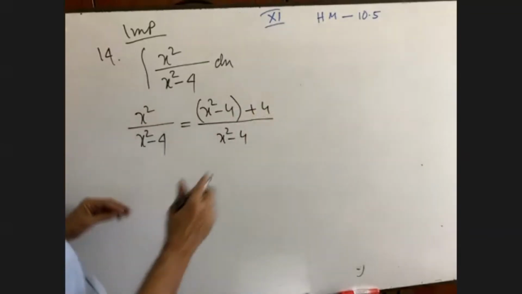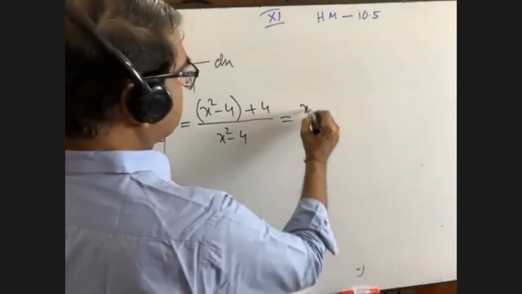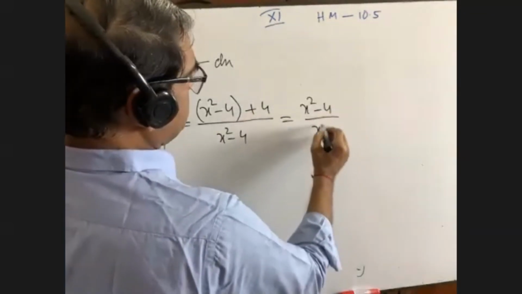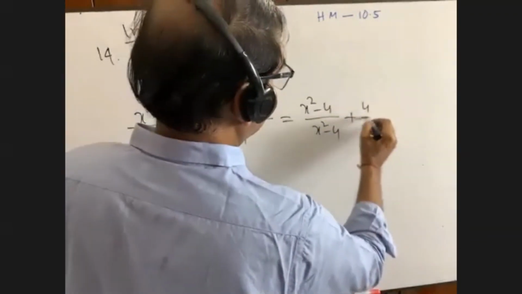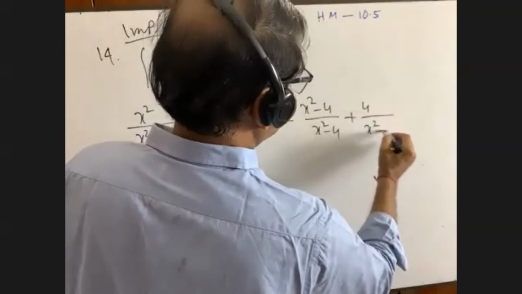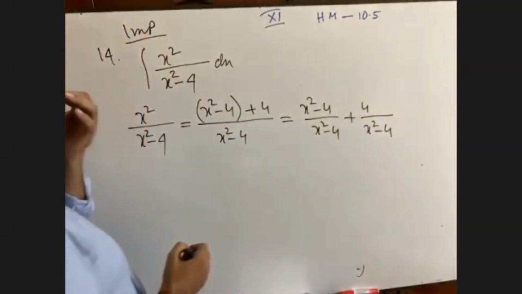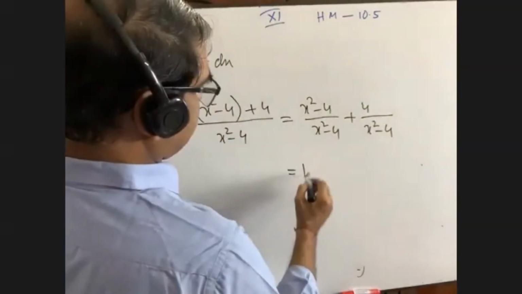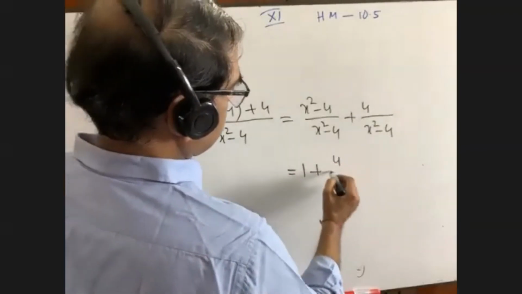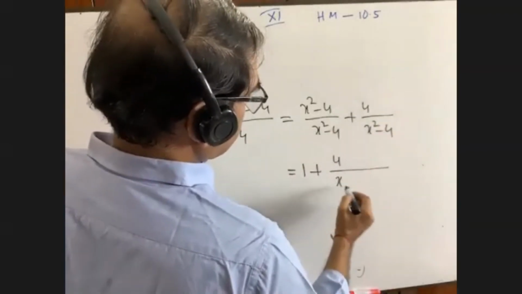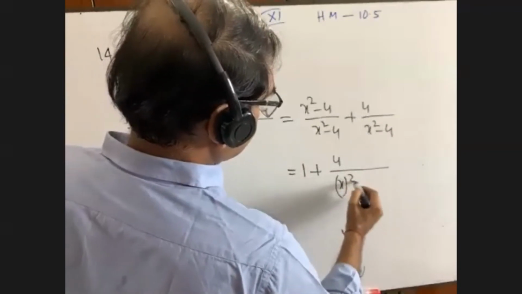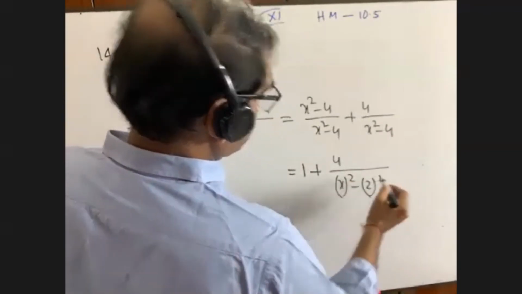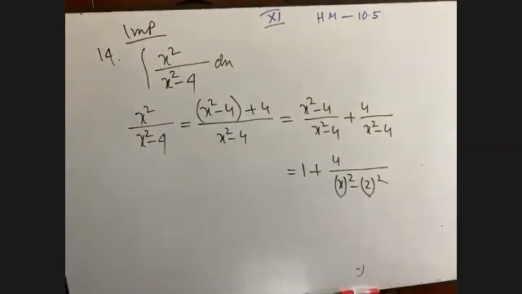Now if we write x square minus 4 by x square minus 4 plus 4 by x square minus 4, that means we are getting 1 plus 4 by x square minus 2 square. Is it? Talk to me, all of you.